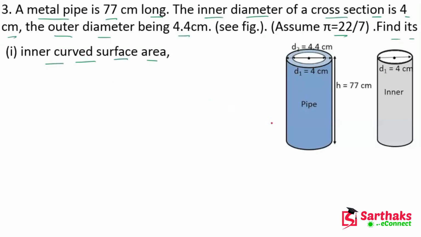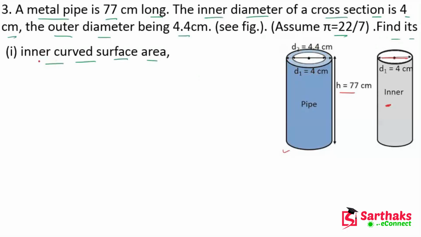We have a metal pipe like this. Here the height is 77 centimeter, and here you can see the inner diameter of the cross section is 4 centimeter. This is the inner pipe. The diameter of the inner pipe is 4 centimeter and the diameter of the outer pipe is 4.4 centimeter.